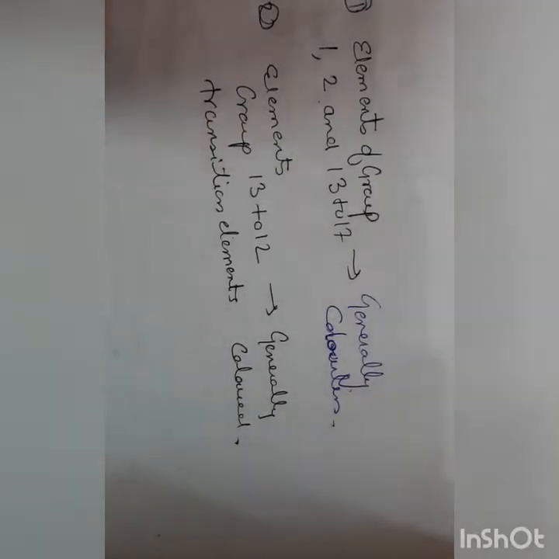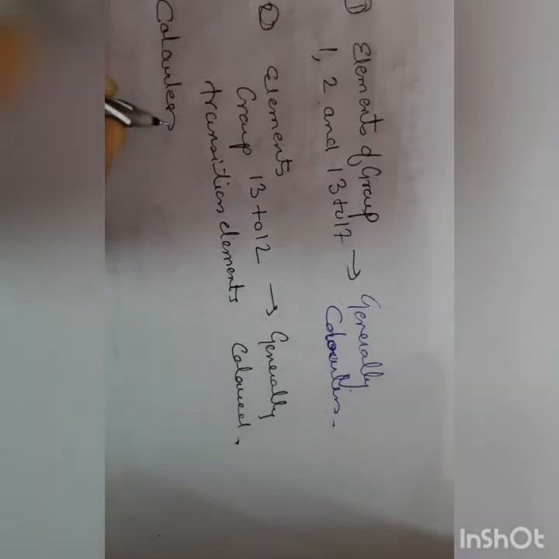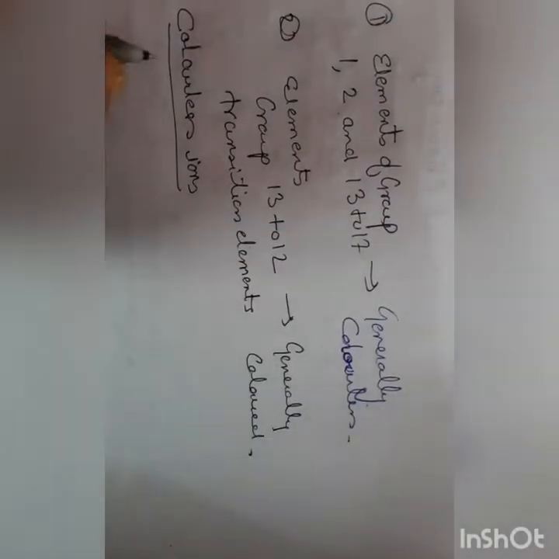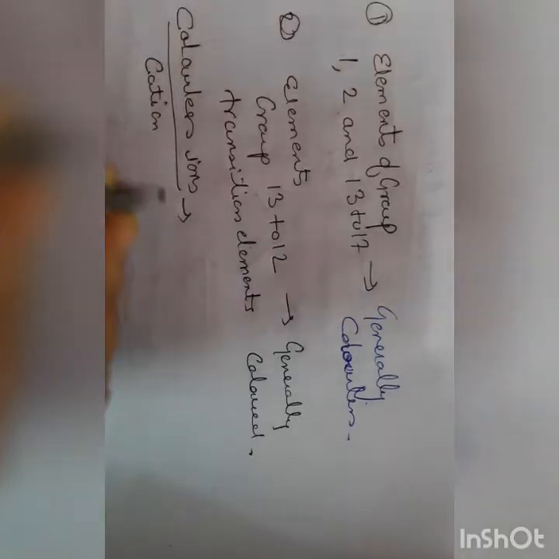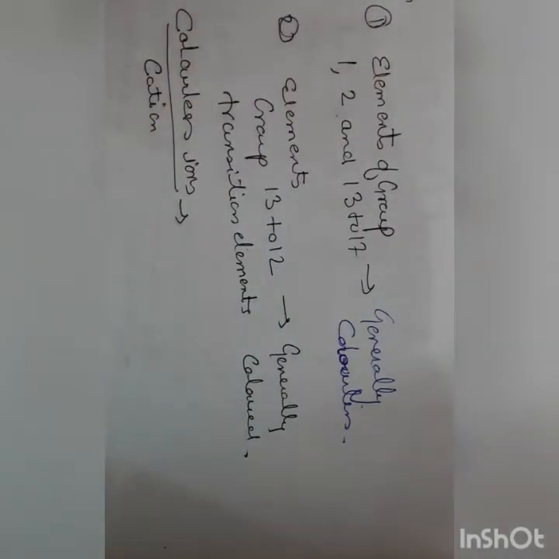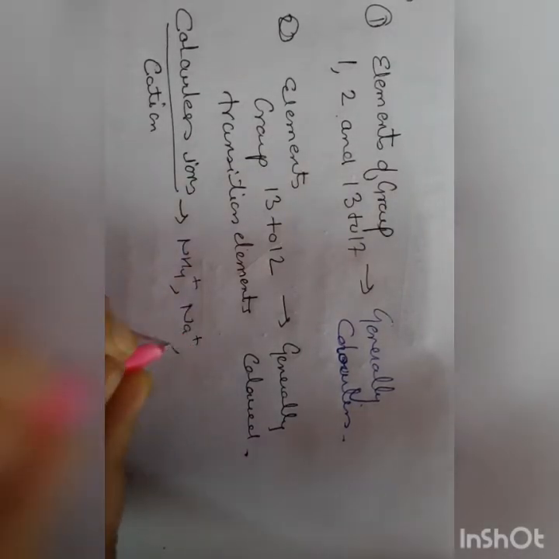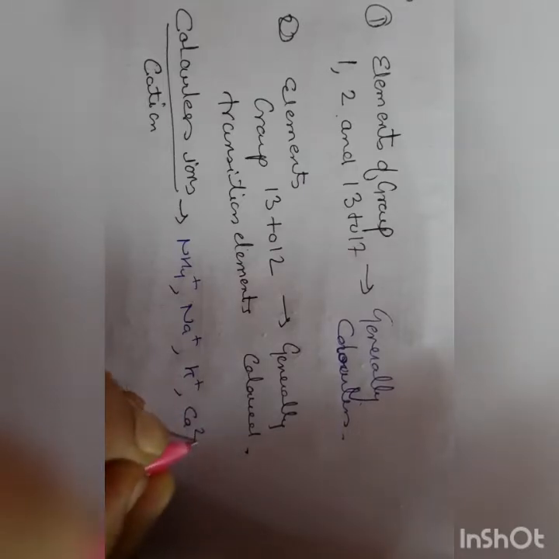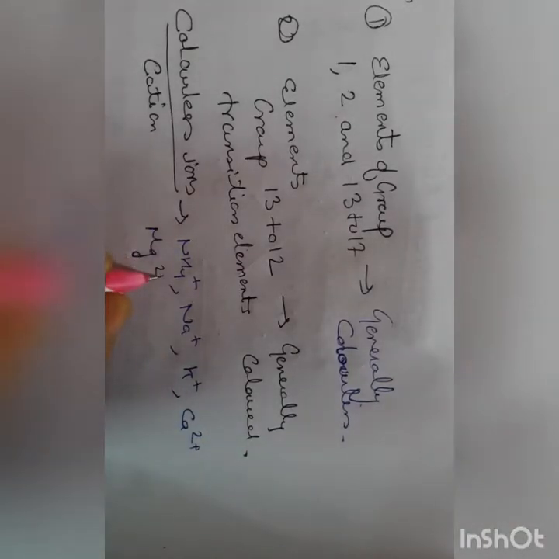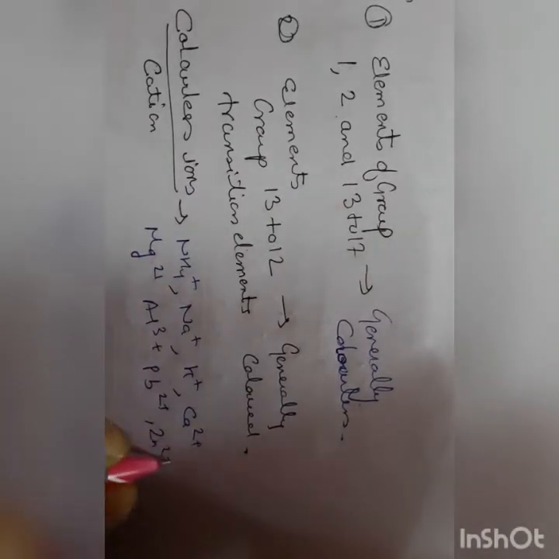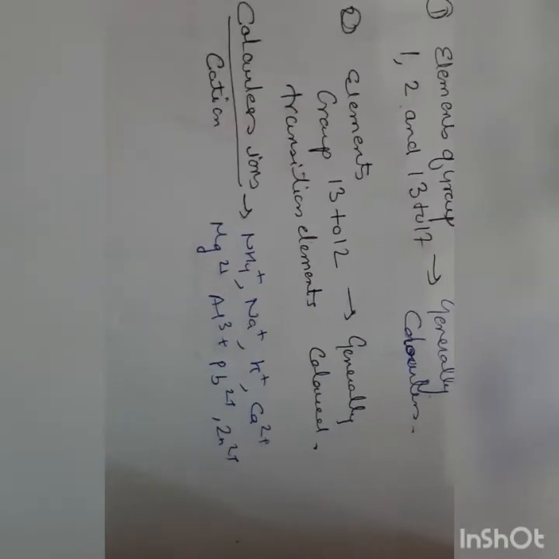First we will take colorless ions. ठीक है, पहले हम कलरलेस आइंस लेंगे, that are cations. अमोनियम, सोडियम, पोटेशियम, कैल्शियम, मैग्नीशियम, एल्यूमिनियम, lead and zinc. They are examples of colorless ions.